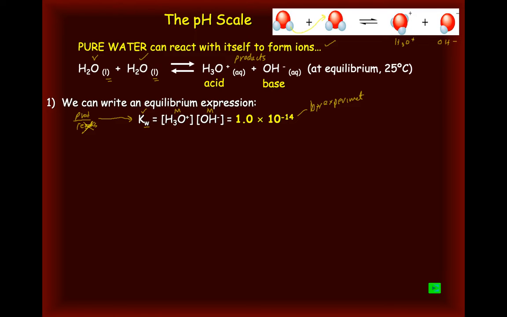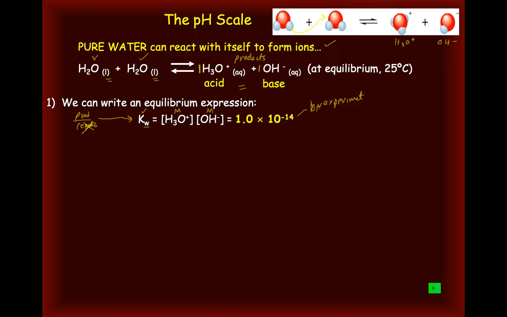All right. So what we find here is that the H3O plus and the OH minus are in pure water together and they are equal, again, you're making one of one and one of the other. When you balance this, it's one of these and one of these, and they're equal. What molarity of each of these, times itself really, because they're both the same number, would equal 1 times 10 to the minus 14?